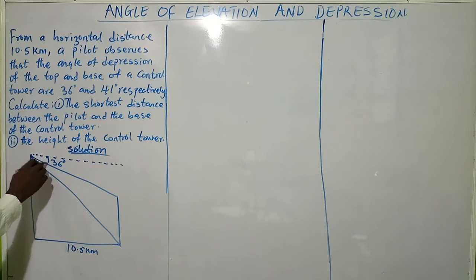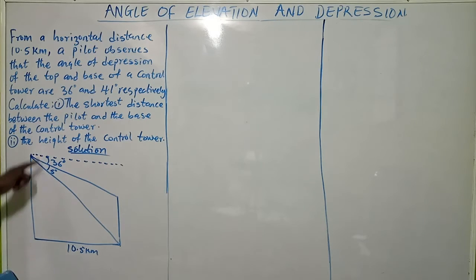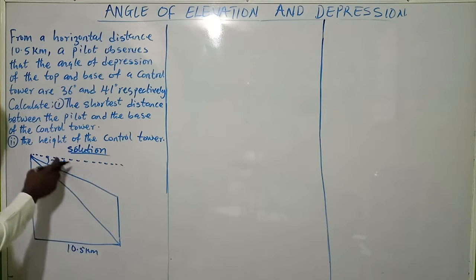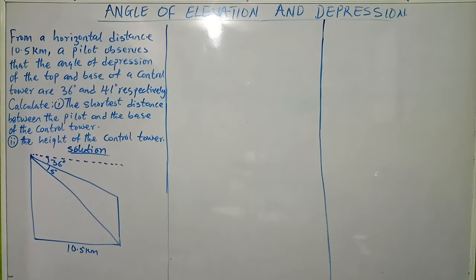Remember, from here to here is already 36. That means this remaining part here will be 5 degrees. So the angle of depression of the bottom is 41, while the one for the top is 36 degrees. So this is what the pilot observed.